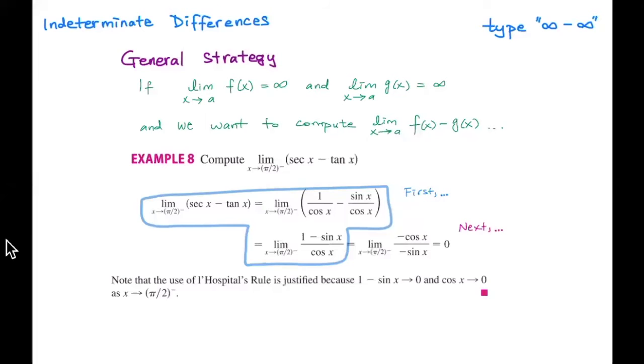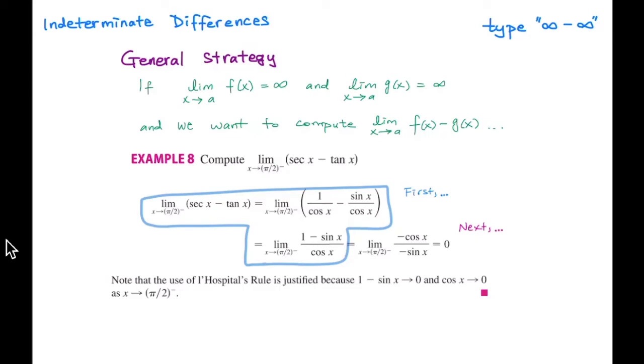So in general, whenever you're trying to compute the limit of a difference, and if you compute the limit separately, you have infinity and infinity, then you wouldn't know what to do directly, but you can try to apply L'Hopital's rule.